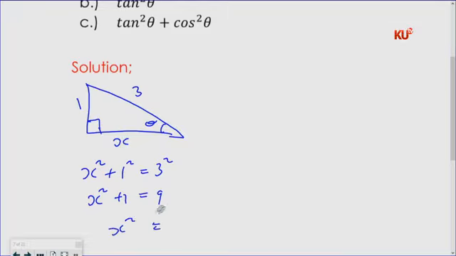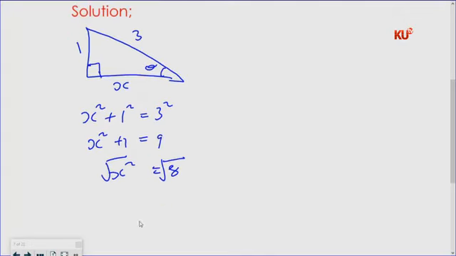X squared is equal to, shift 1 to be on the right hand side, you'll have 9 minus 1, which is 8. But we need x, therefore you introduce square root on both sides. This square root will cancel out with the square. You will have x is equal to square root of 8. So in short, we are saying our side x is equal to square root of 8.